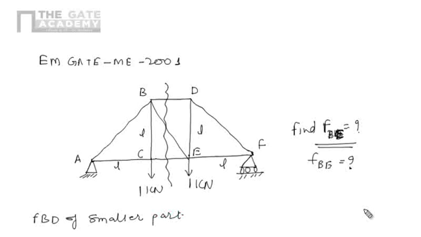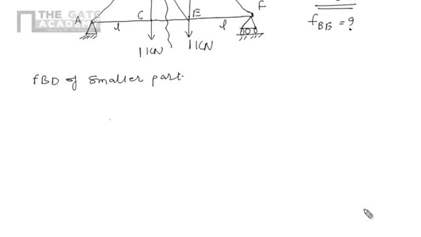I am just drawing the free body diagram of the smaller part here. Reaction is RA. Here we are having 1 kilonewton.